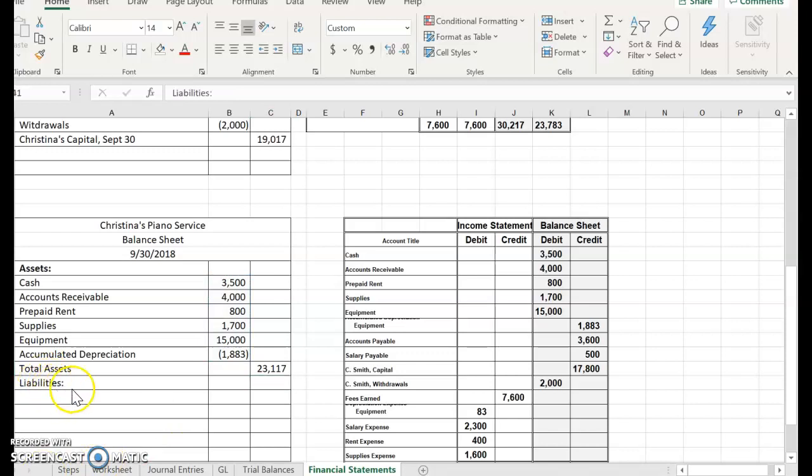Okay, next I'm going to list my liabilities, and for liabilities I have accounts payable and salaries payable. And accounts payable is 3,600 and salaries payable is 500. So I'm going to get a total there of my liabilities.